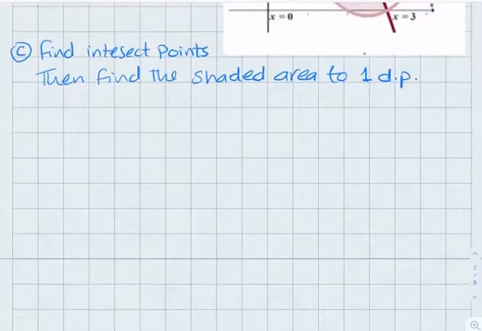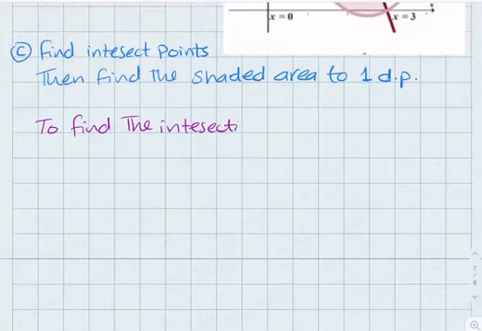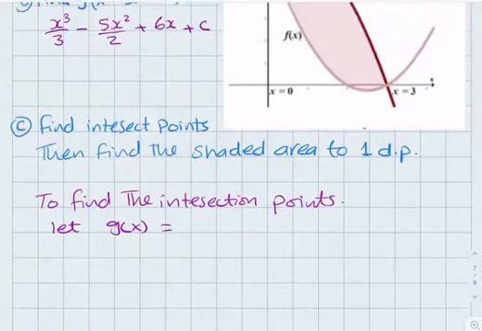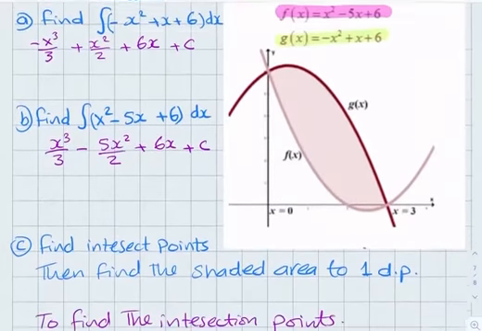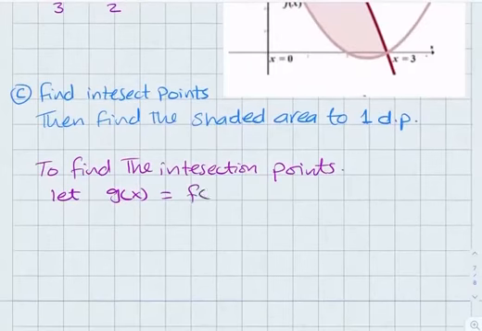So to find the intersection points, what we need to do is make g of x equal f of x. I don't know which one first. g of x is the one with the minus, yeah. It doesn't matter which one, by the way.